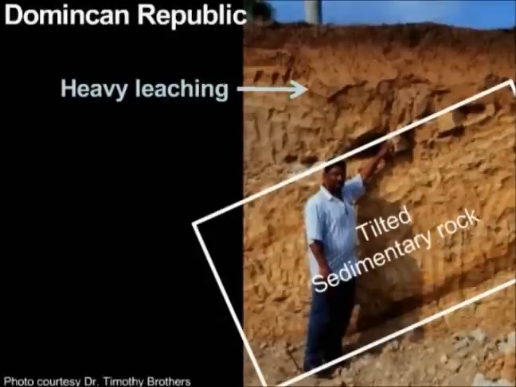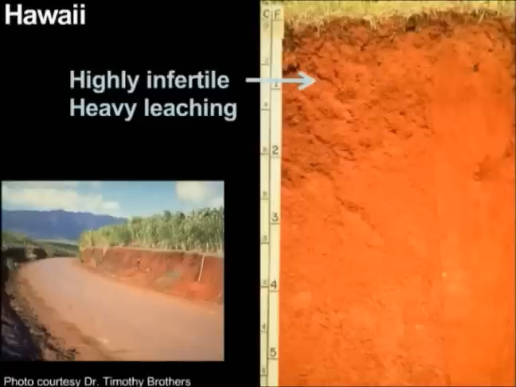Warm, wet, tropical climates are commonly deep, but very infertile because so much of the water removes many of the plant's nutrients. It's also very rich in a lot of the secondary minerals such as clays and oxides. In this case, this is basaltic or igneous rock, which of course is from Hawaii, and Hawaii is based off of igneous rock, volcanic rock that's cooled and hardened.